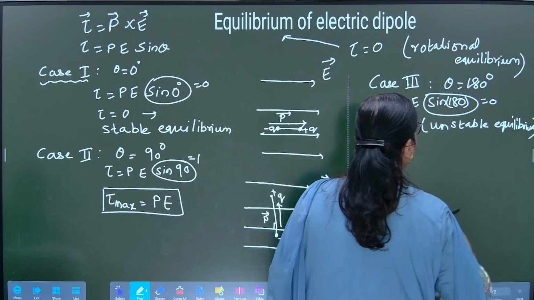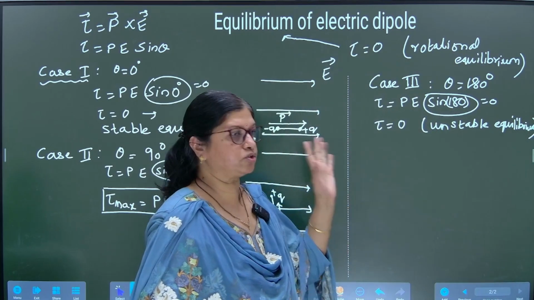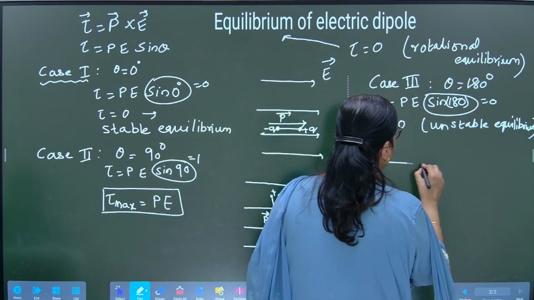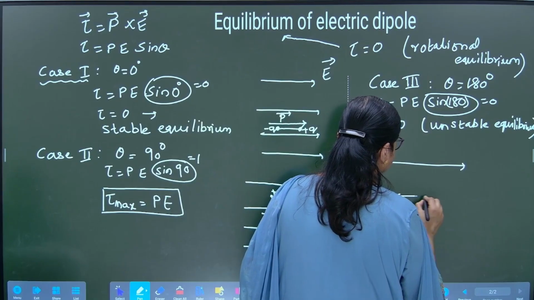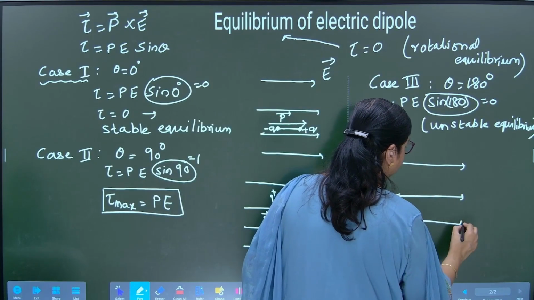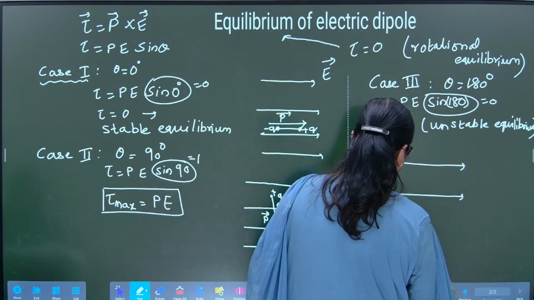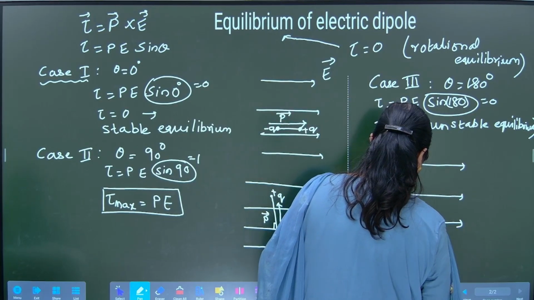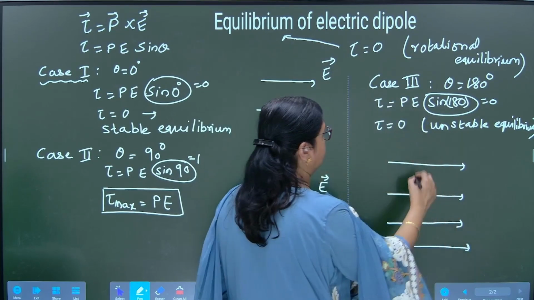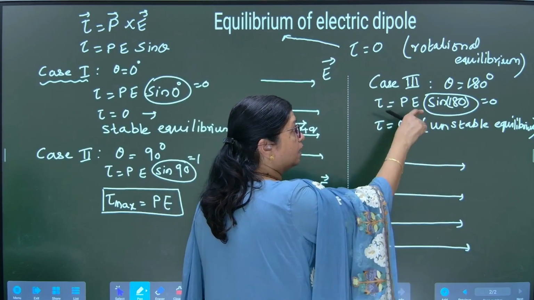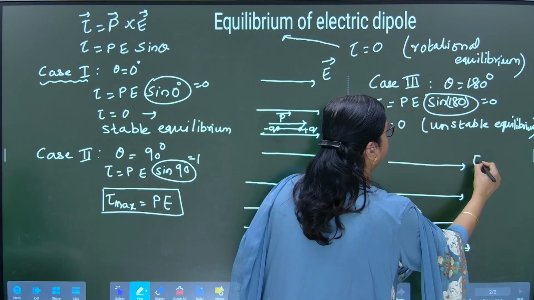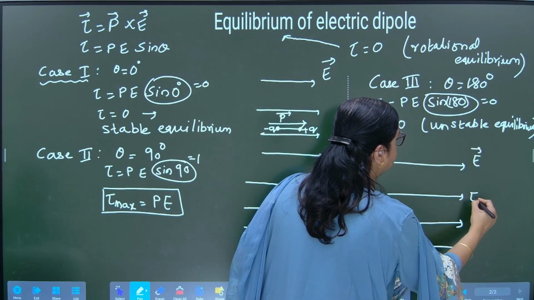Okay? So what is unstable equilibrium? I will draw and show. Again I will consider the uniform electric field, and place the dipole at 180 degrees with the electric field. How do I place the dipole at 180 degrees to the electric field?